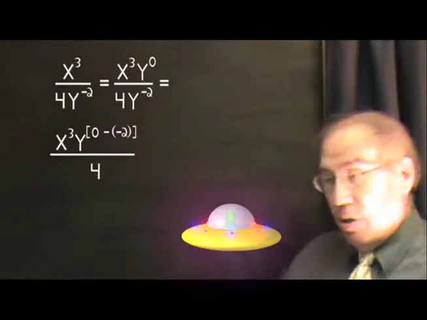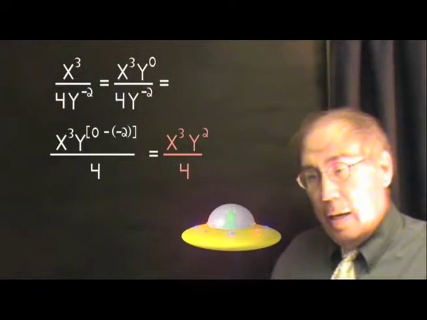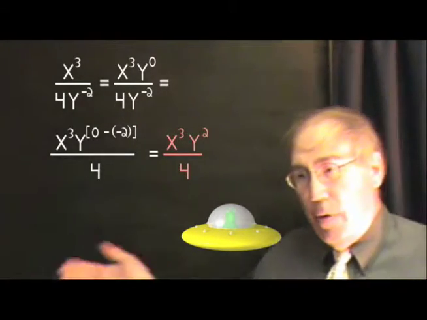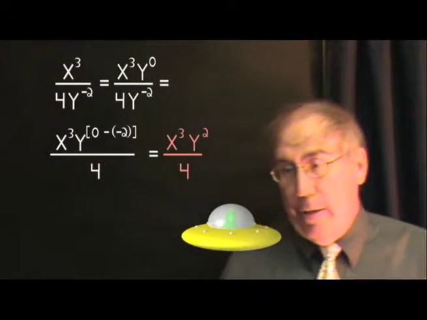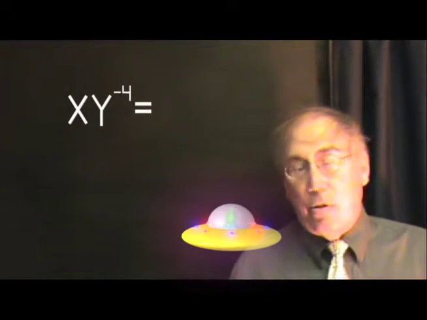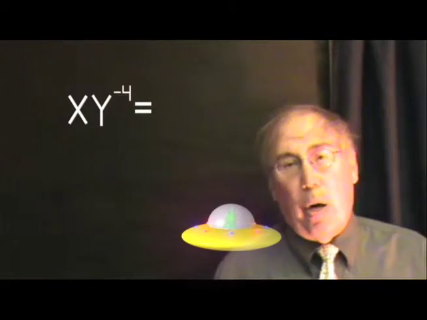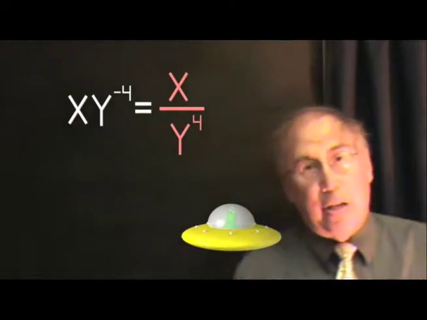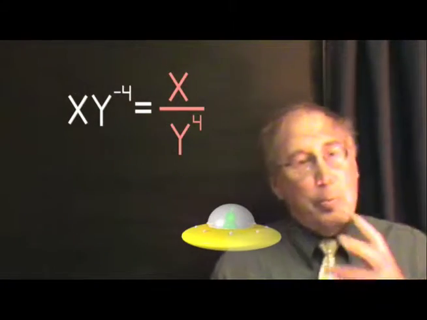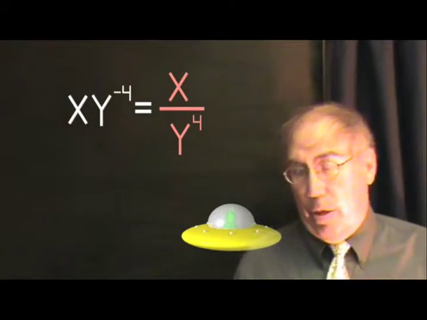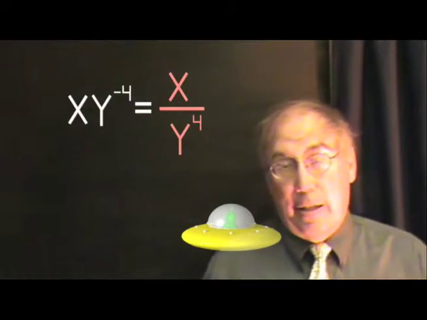This shows why that would work out, because you would get a positive y squared. In this case, just take the shortcut and move the y to the negative 4 to the denominator, change the sign of the exponent. There's a subtraction thing going on here, but this saves a little bit of work in a case like this.